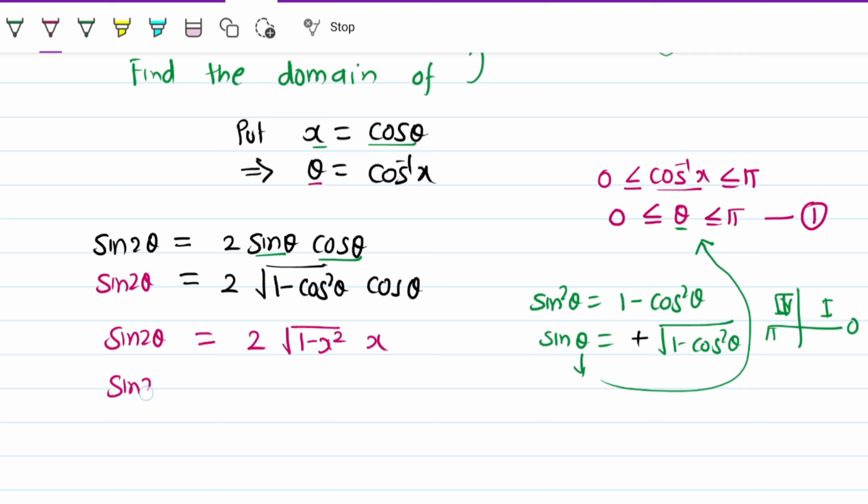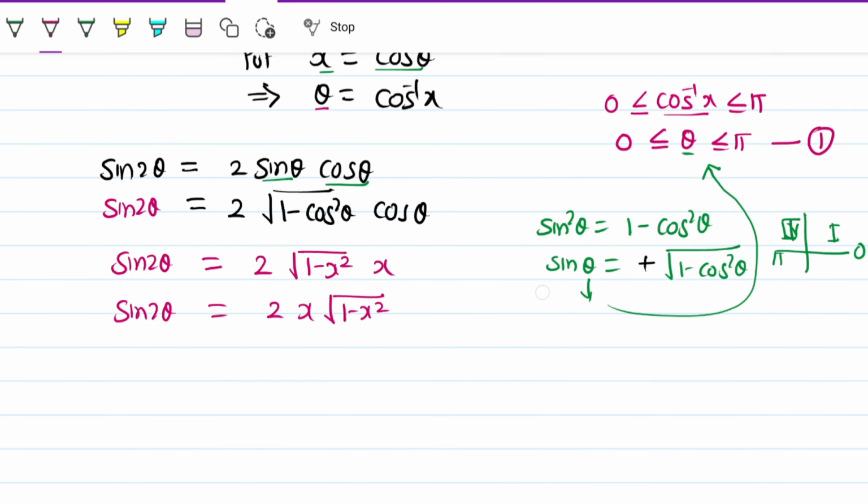So we can rewrite properly: 2x root over 1 minus x square. Now we will apply sine inverse on both sides. So sine inverse sine 2 theta equals sine inverse 2x root over 1 minus x square.